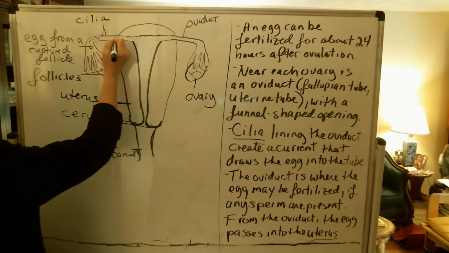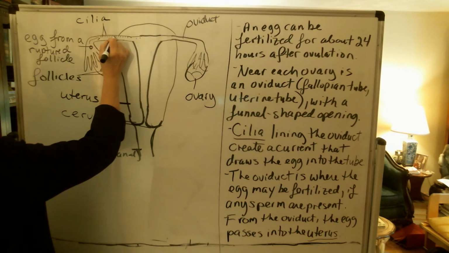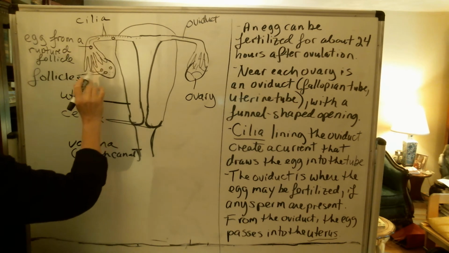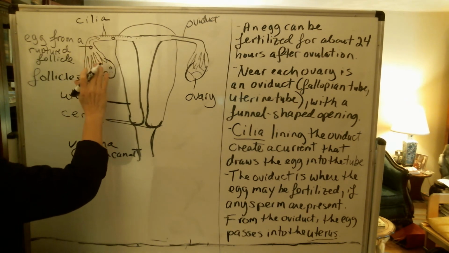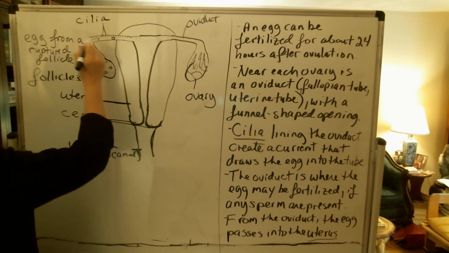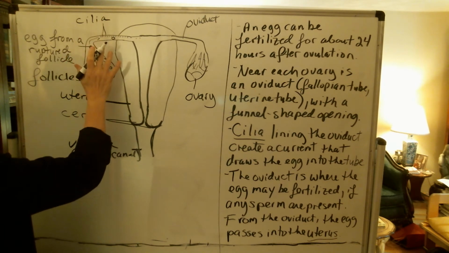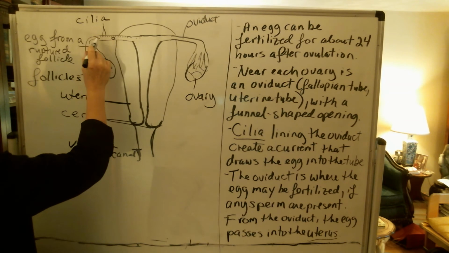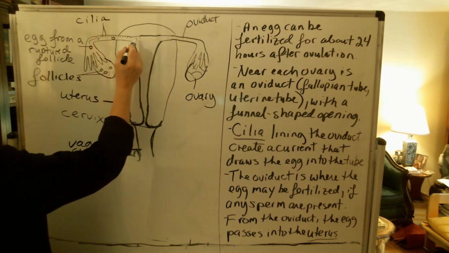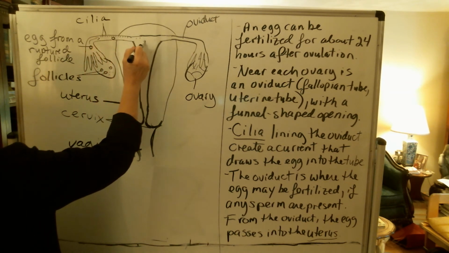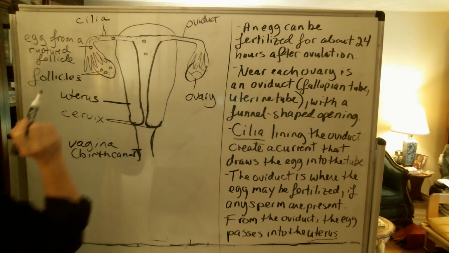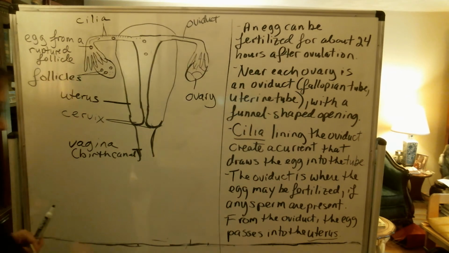So if things go the way they are supposed to, this egg, having been ruptured out of a follicle in an ovary and kind of into space, if you will, it then gets vacuumed up into the oviduct by the cilia creating a current, and eventually that egg will wind up in the chamber of the uterus.